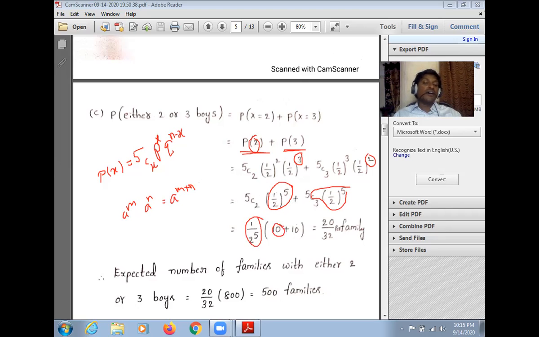We can use the nCr formula, or a calculator: 5 factorial by 2 factorial into 5 minus 2, that is 3 factorial. By simplifying this we get 10. So like this, 20 by 32 per family, but we require the number of families.